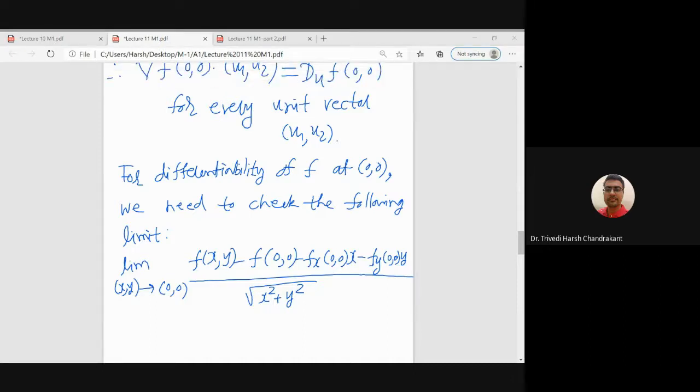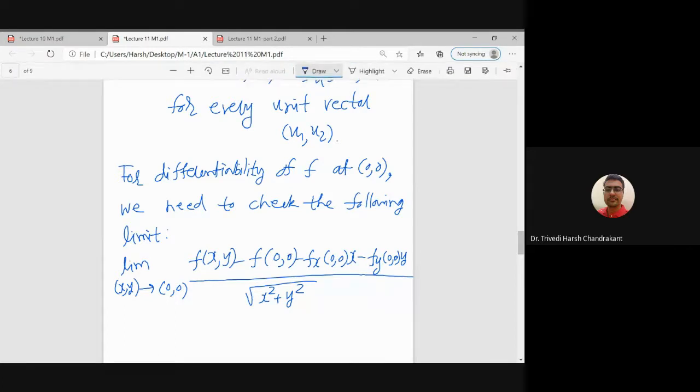So this condition we need to check at the origin to verify whether the function is differentiable or not. Now what we'll do is substitute the value of the function.